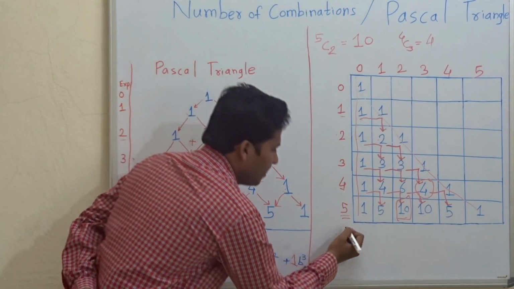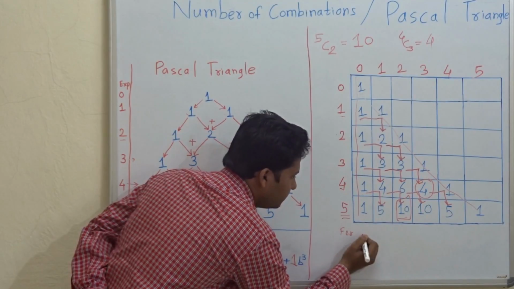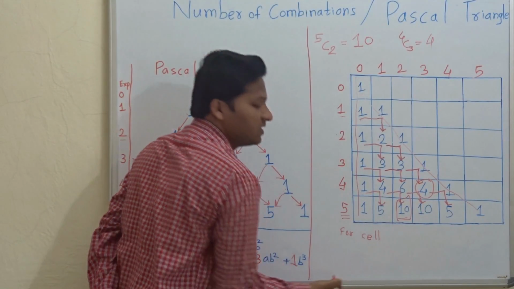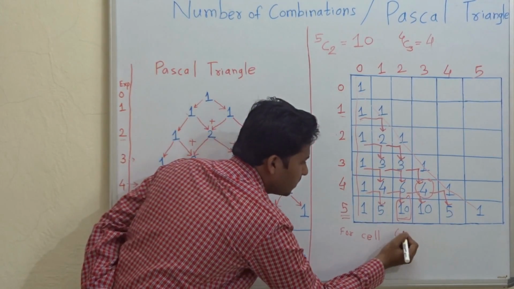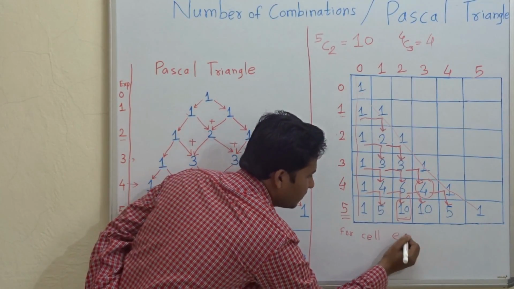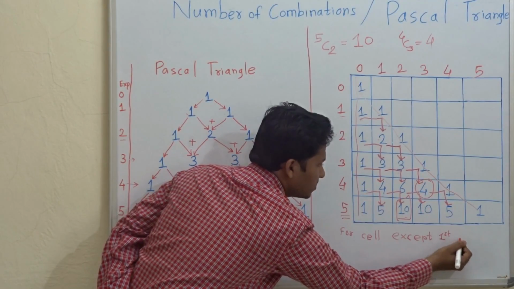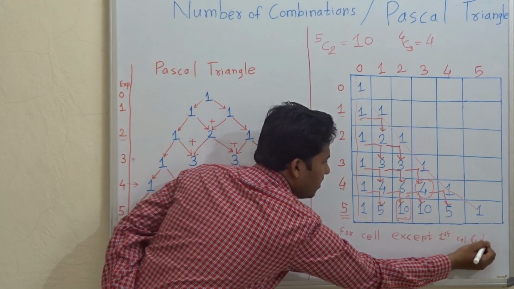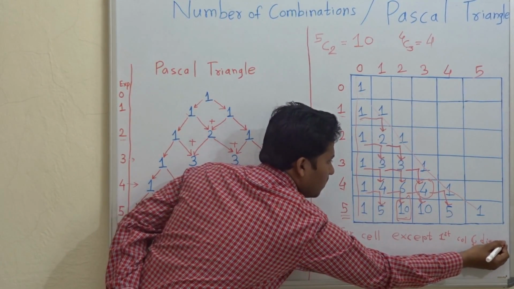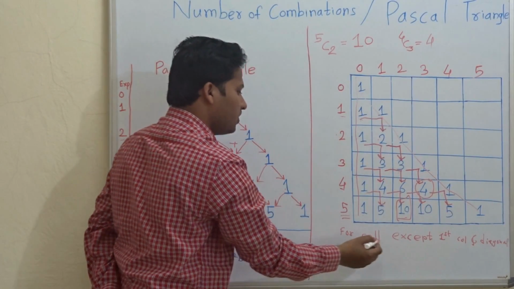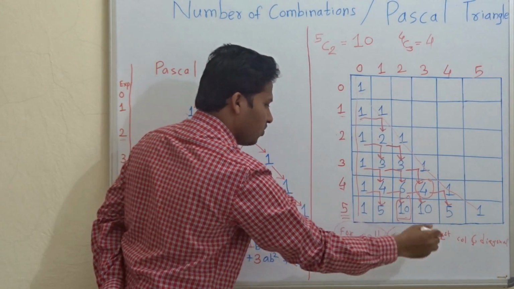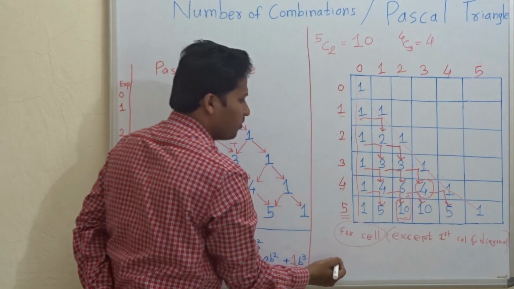So for a cell, except the first column and diagonal, I am going to write the formula.